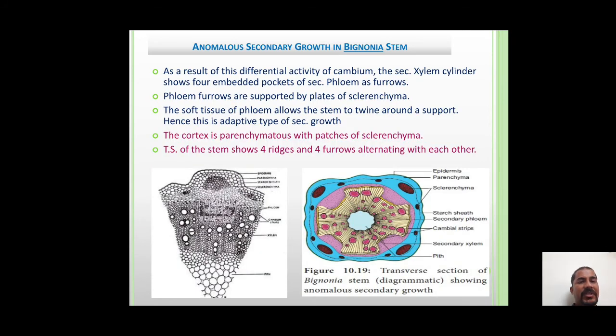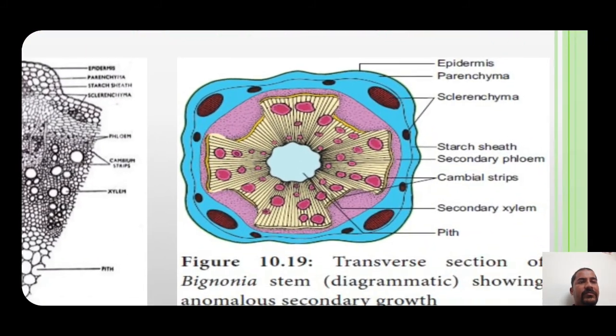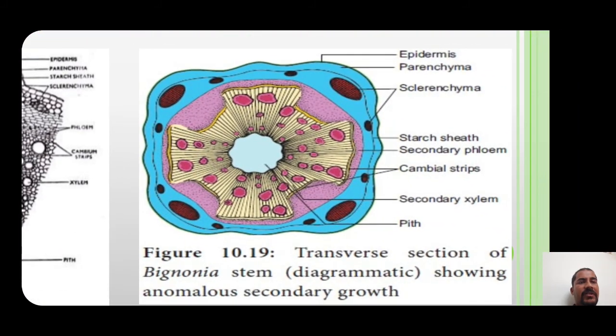This is shown in this diagram. Here you can see the central pith, and it is surrounded by the secondary xylem. This secondary xylem shows 4 furrows in the form of secondary phloem, and these furrows are formed due to the formation of the 8 strips, out of which 4 are smaller and 4 are larger.